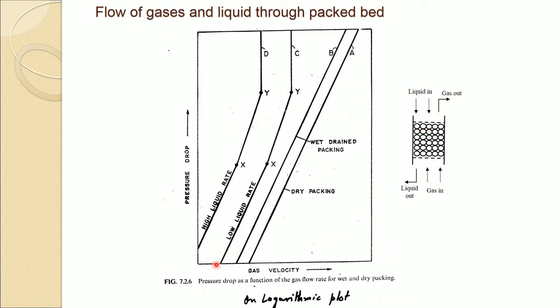Now, as the gas velocity increases, in the starting there would be a uniform sort of resistance, but the liquid would face more gas drag when gas velocity increases and liquid flow is constant. Then the drag force on the liquid will increase, which means the resistance for gas flow will increase and pressure drop will increase.